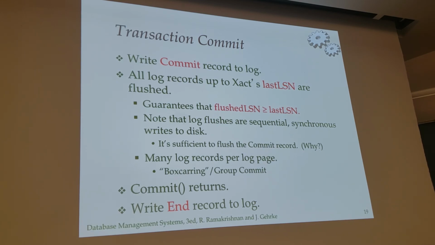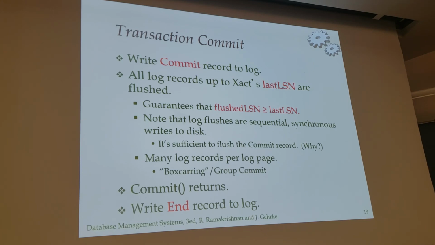Notice, however, that since I'm writing a commit record, that commit record has to be after all the LSNs for that transaction. The commit record follows all the log records for the transaction. So if I flush the commit record, that'll take care of all the things that are before. Okay, and that's okay. And remember that there can be many log records on a log page on behalf of many different transactions.